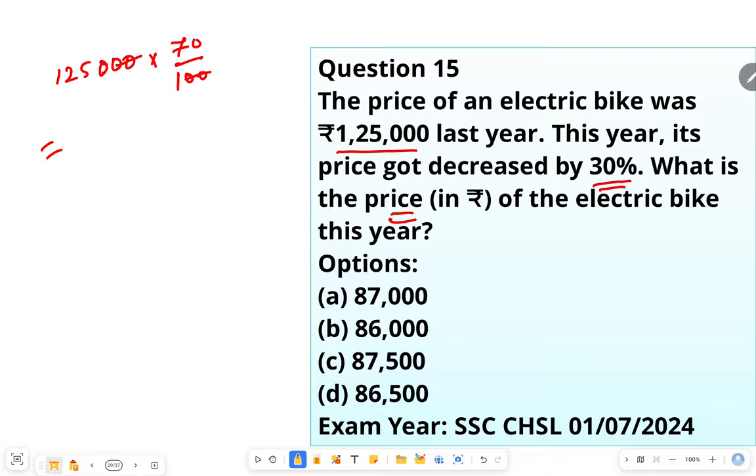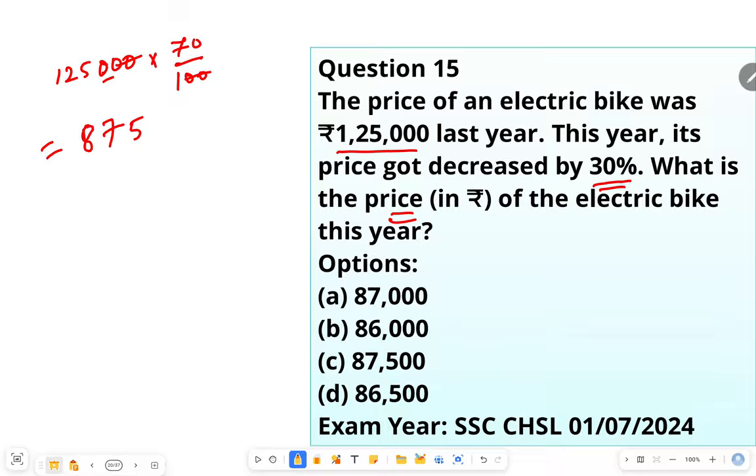Now if you multiply this number, 7 into 5, 35. Then how much will it give? 12 into 7, it will give this number, right?